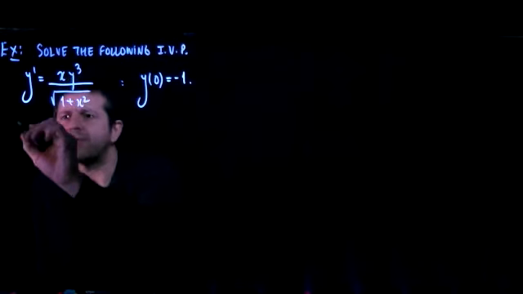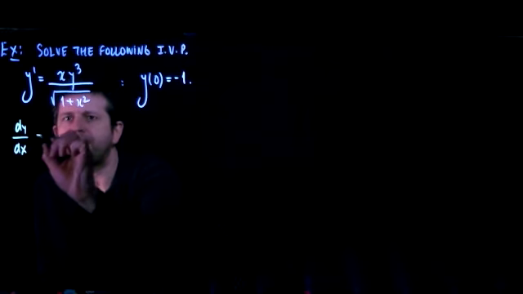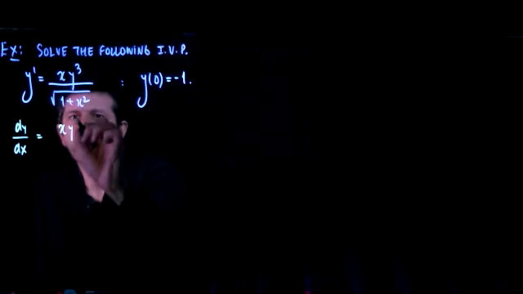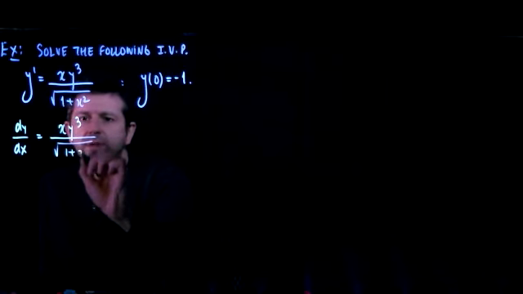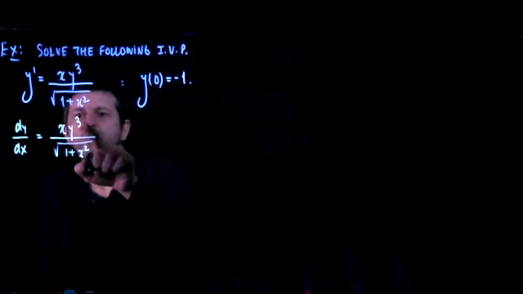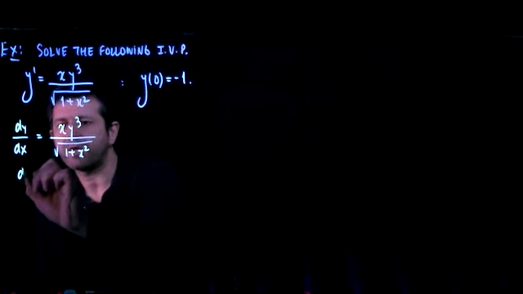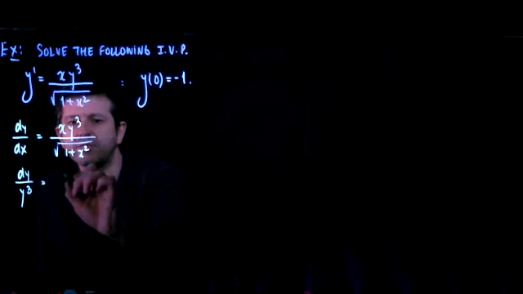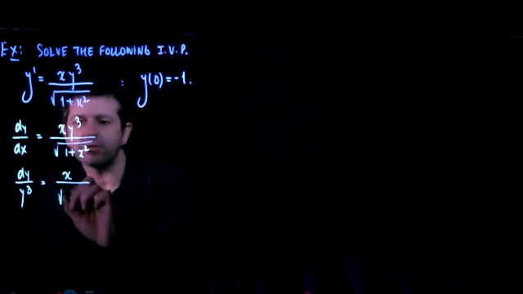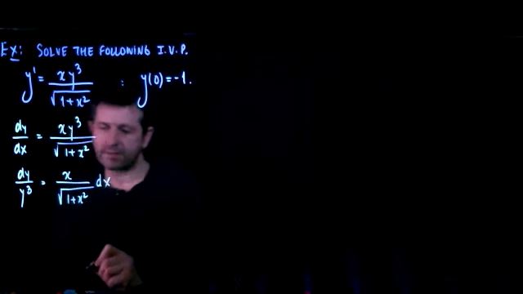So we proceed as usual. dy/dx is xy^3 over the square root of 1 plus x^2. So the y^3 will go under the dy, the dx will go up here. So I'll have dy over y cubed is equal to x over the square root of 1 plus x^2 dx.